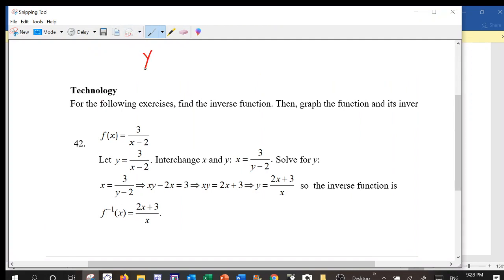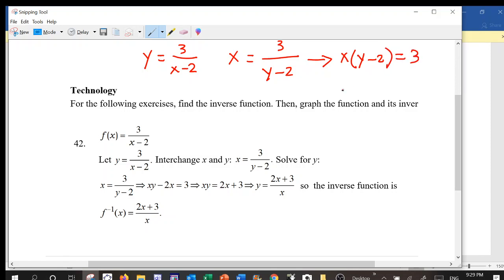So you set it up, y equals 3 over x minus 2. Then you switch x and y. You get x equals 3 over y minus 2. And then what? Solve for y. You just have to multiply by y minus 2 on both sides, and then isolate y minus 2.